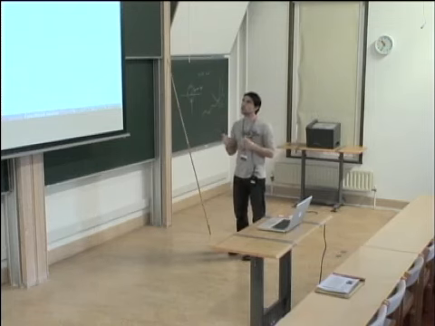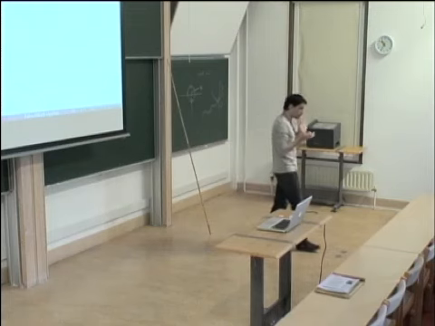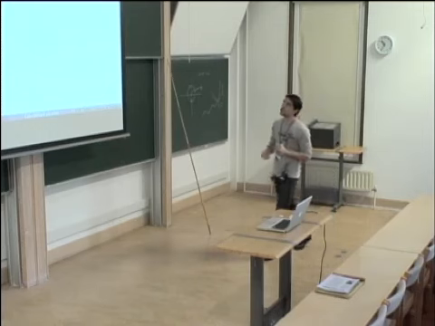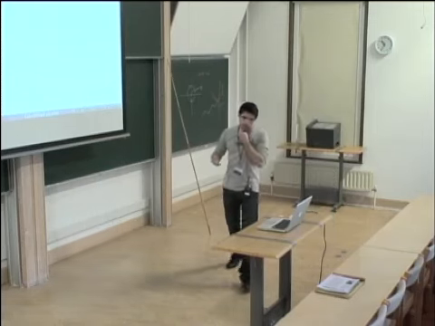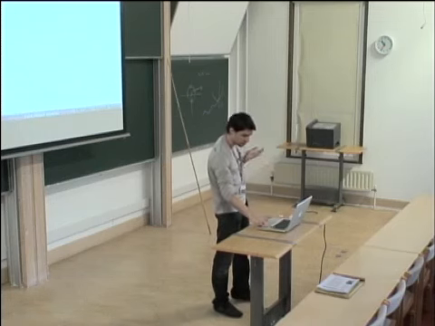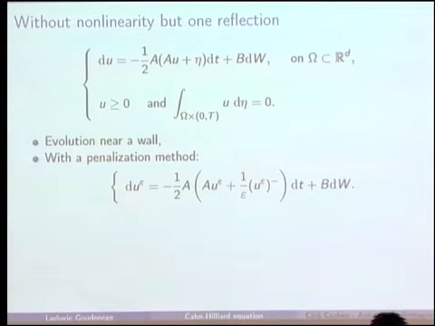Okay, it's again too complicated, too difficult, so you only want to force the solution to stay positive. It is the first step. So you have this equation with the solution which is positive. It can describe an evolutionary hard wall.